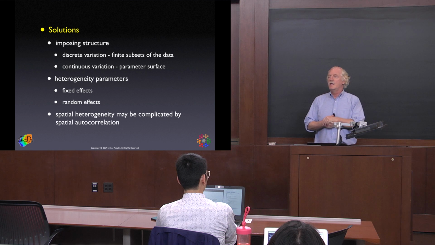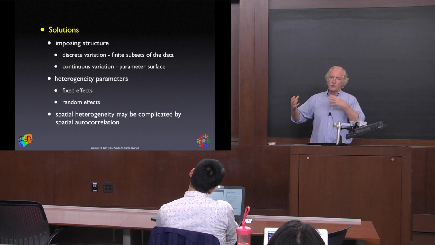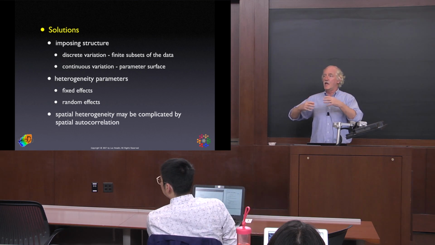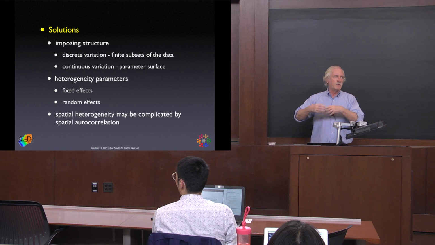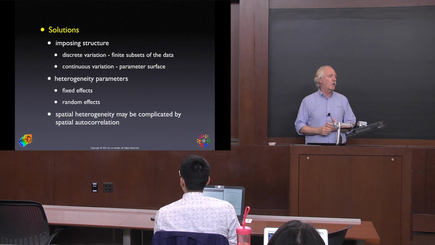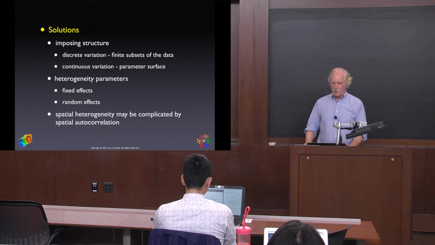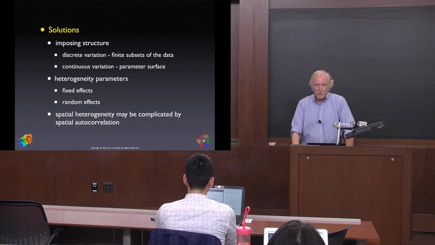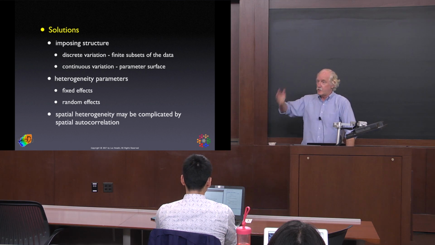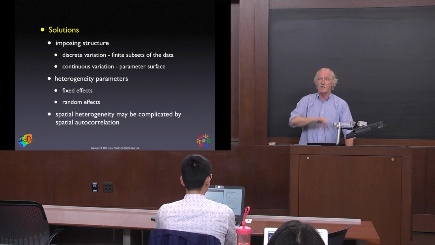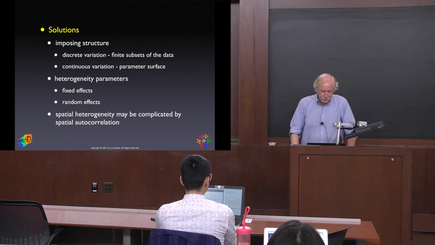Essentially, it's a situation where you can have, say, two different models supported by the data, and you let the data determine for each observation which of the models it belongs to. This is a kind of thing used in marketing, for example, in market segmentation studies. And they're all discrete. At the end of the day, they say, okay, you're in A and you're in B, and you have two different models.